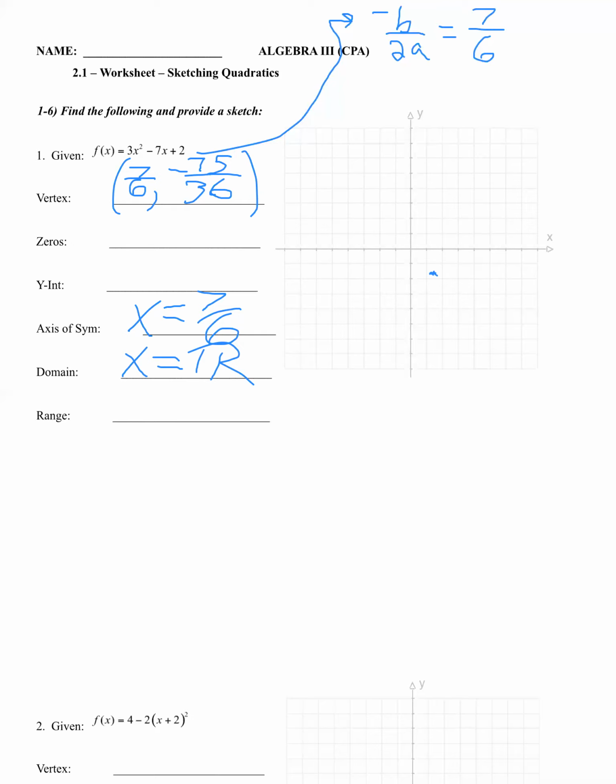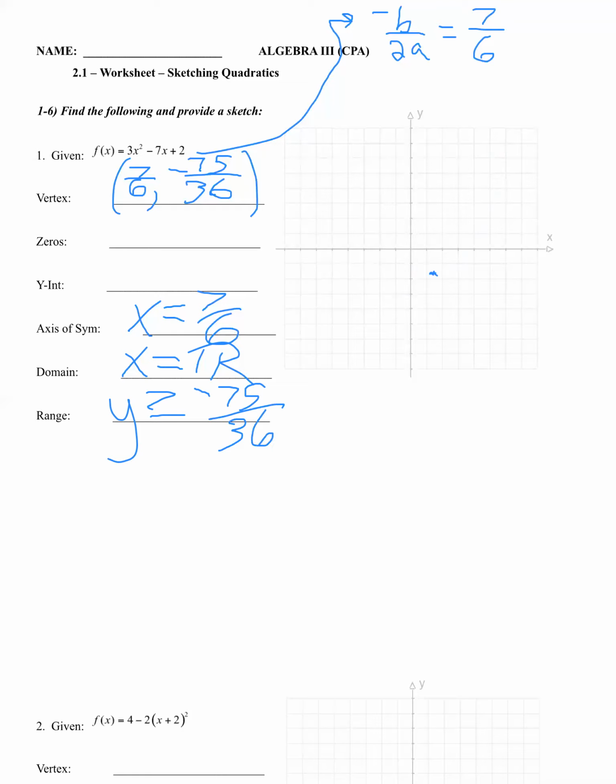Up. Yes, up. So that means for my range, it's going to start at this lowest value, and then it'll just go up from here. So for the range, I know y is going to have to be greater than or equal to my lowest point, which is negative 75 over 36.